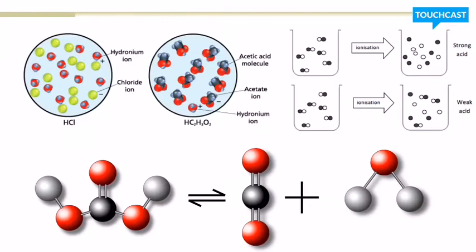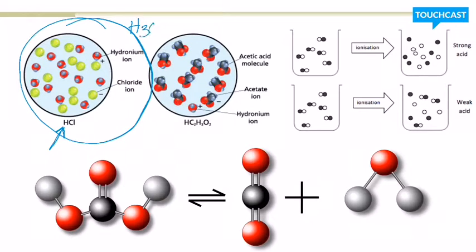solution. Here's a better representation of when you have a strong or weak acid. Over on the left side, you have hydrochloric acid. Hydrochloric acid will form lots and lots of ions. The hydrogen ion on the acid doesn't like to sit by itself. If it's around water, it will produce something called a hydronium ion, which is basically an H3O+.